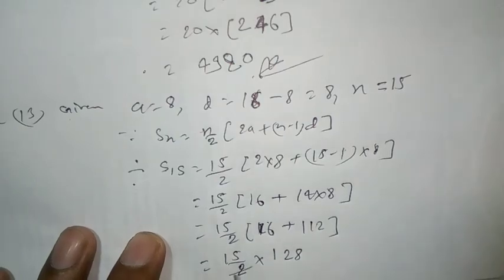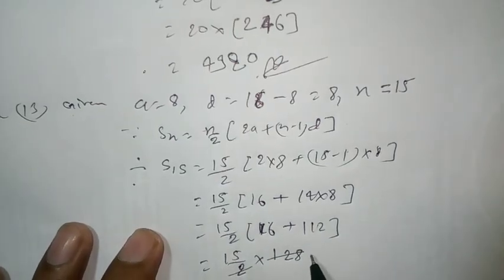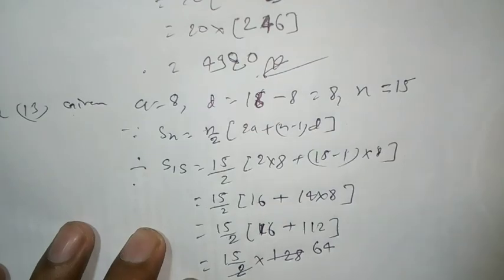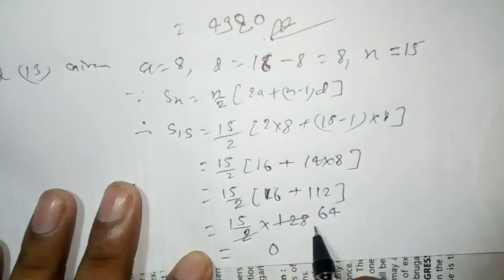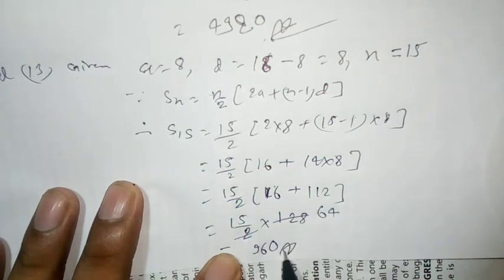We divide 128 by 2, then we get 64. So 15 into 64 is equal to 960. This is your answer.